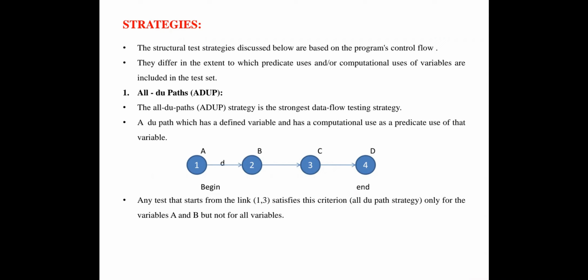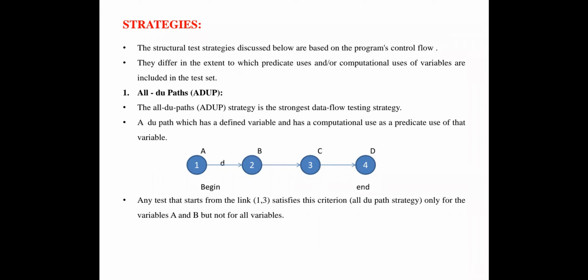It will first check whether there is a definition link or not, followed by a computational use or predicate use. The first link has to be a definition link. The remaining links can be anything. That is the DU path.